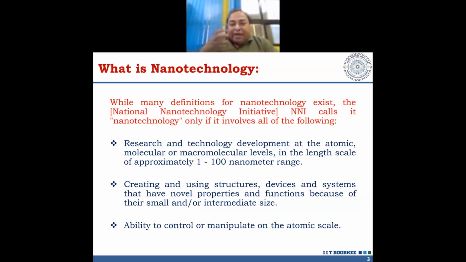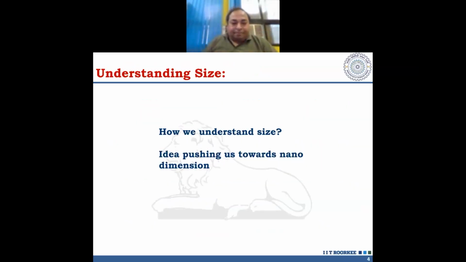From bigger ones, we keep lowering their size and ultimately come to the level where it is on the atomic scale. So, where we start, it could be easily understood that it is in a bigger way about size.